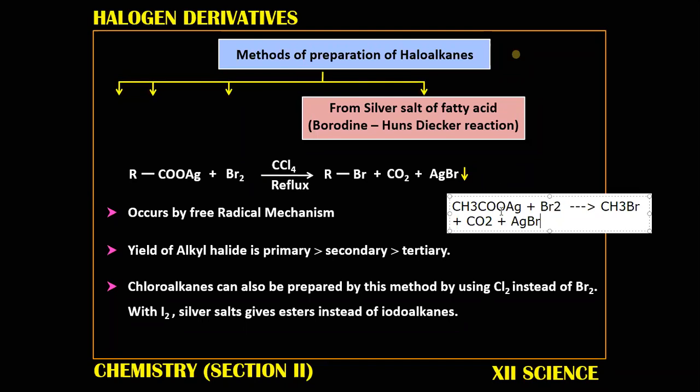Right? Name of only silver acetate and methyl bromide is required. Other names are not required. The IUPAC name of silver acetate is silver ethanoate.